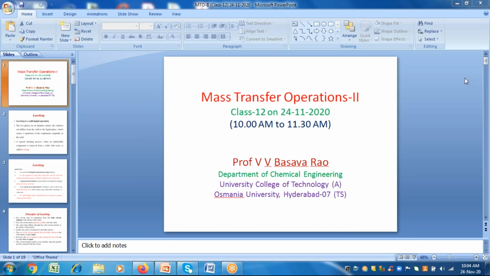So the general analysis is very much required if a new mass transfer operation, which is an equilibrium bound operation, is identified. You may identify one in the coming days, because now so many innovations are happening, and you can also find a new operation, which may be based on some property.